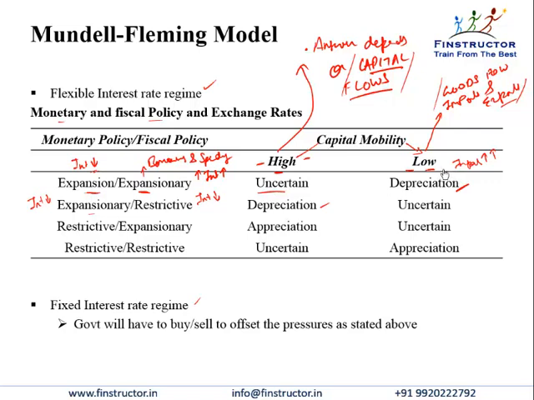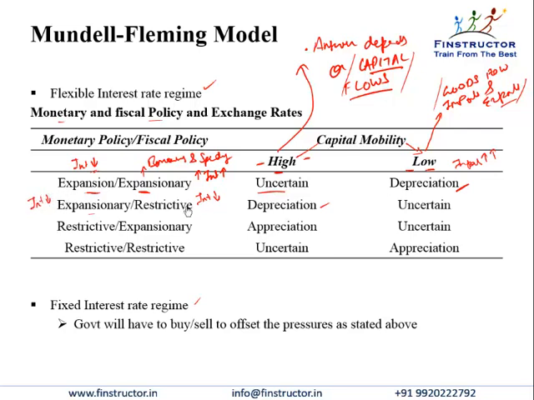In low capital mobility, we don't worry about capital flows. We worry about goods and services. So the impact will be uncertain because low interest rates mean people want to spend more. Expansionary monetary policy is encouraging us to spend more.